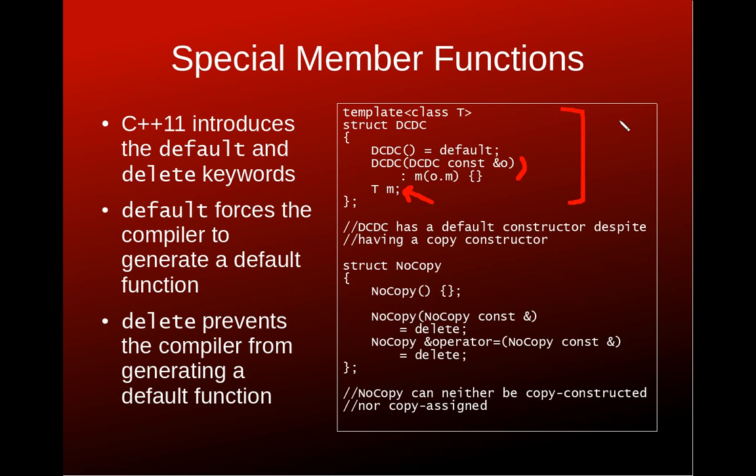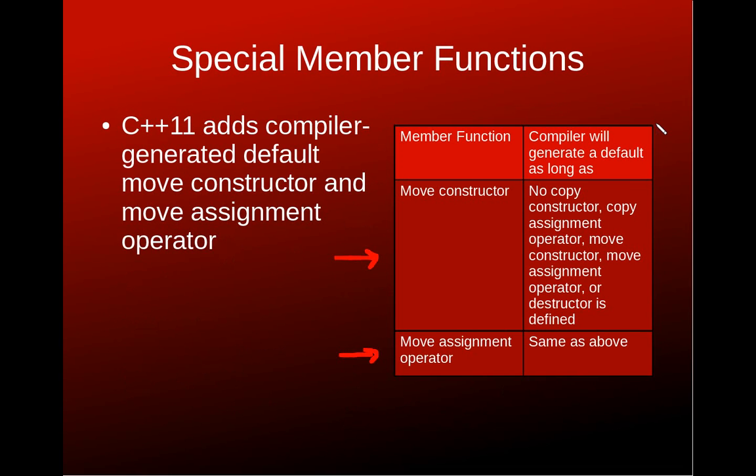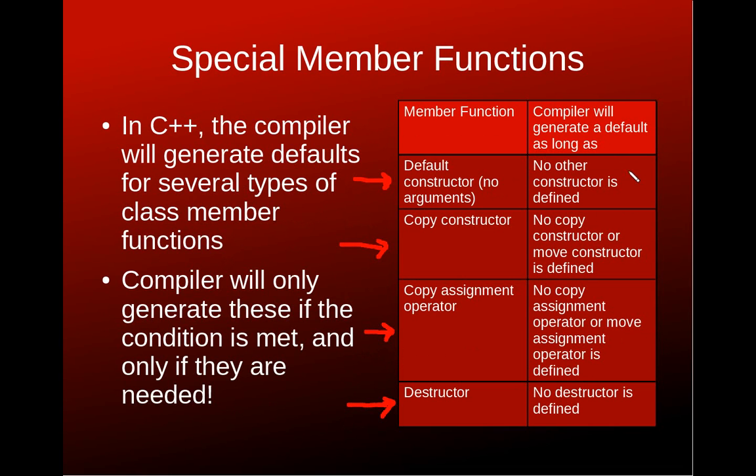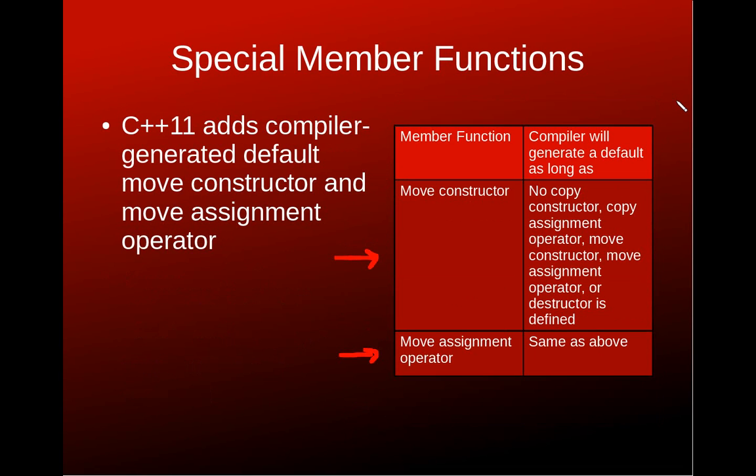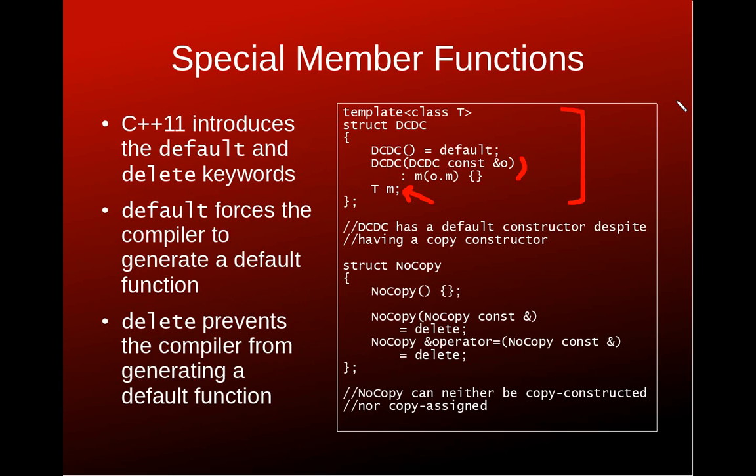Notice that the condition for the compiler to generate a default constructor is actually not met here. So let's go back to the slide, and you'll note that the condition here is that no other constructor can be defined. No user-defined constructor can be present. So the compiler will not generate a default constructor.